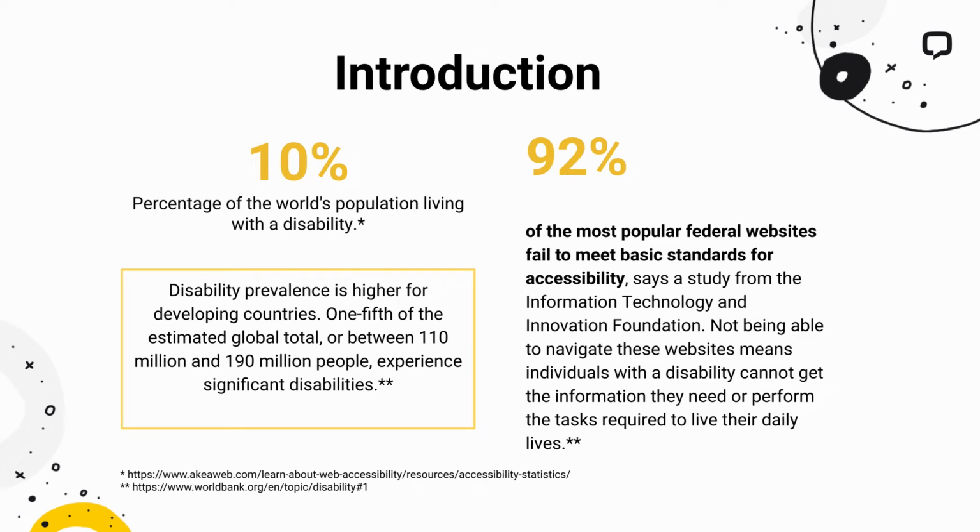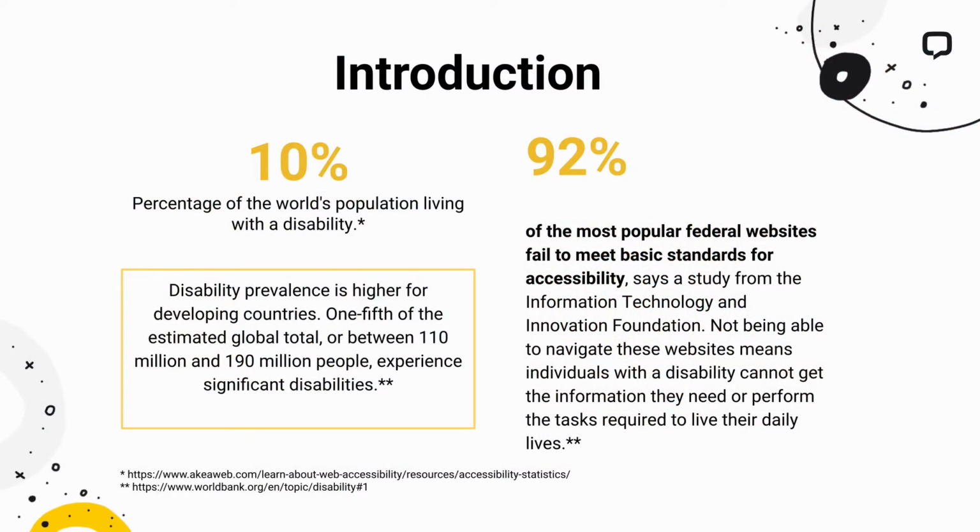It's stuff that stops you from getting access to certain information, or even to work or to do things. So 10% of the world, that's a huge number. And 92% of most of the websites around don't have a way for people with disabilities to access them. If you think of 92%, that's basically the whole internet not being designed for people with disabilities.